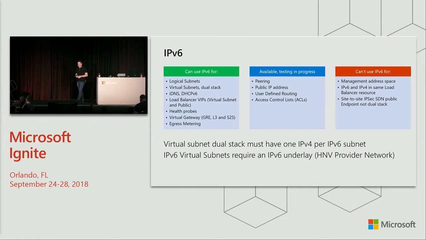The other limitation that you may run into is that each load balancer object can only have a single front-end VIP. What that means is you can't put v4 and v6 on the same load balancer object. You can create two different load balancer objects and map them to the same backends, but then they're on different objects. And where that'll impact you is on the site-to-site gateway.